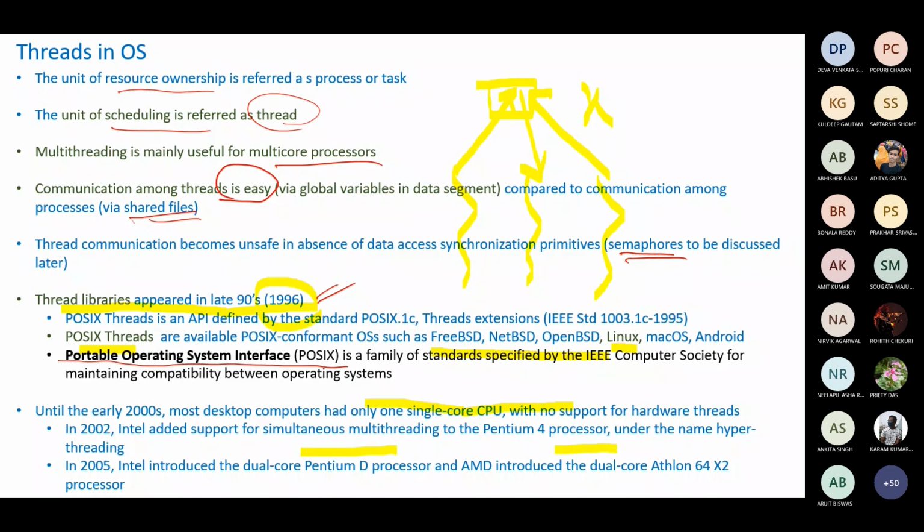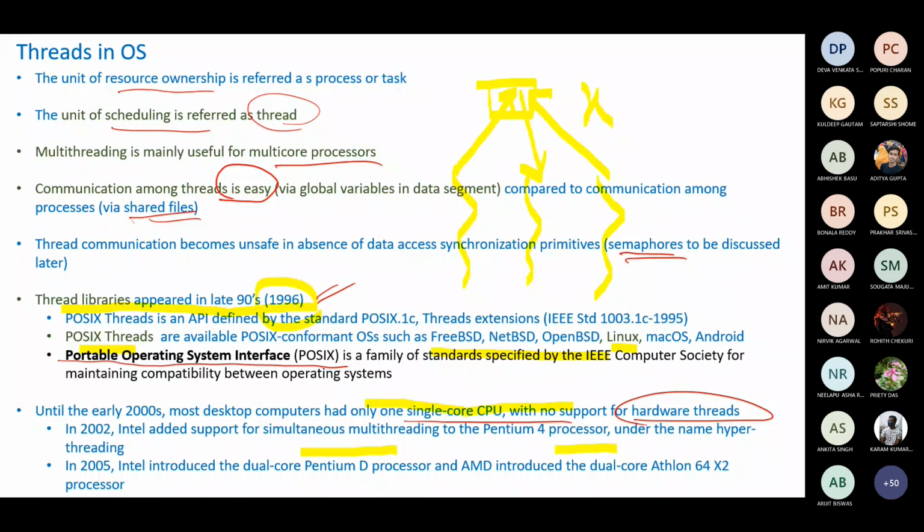But the point is, in the early 2000s, most desktop computers had only a single core CPU, and there was no support for hardware threads. There was no point in having it. So it was almost a theoretical concept, and it was never realized in practice in that form. But it was proposed, and the implementation came in the mid 90s.